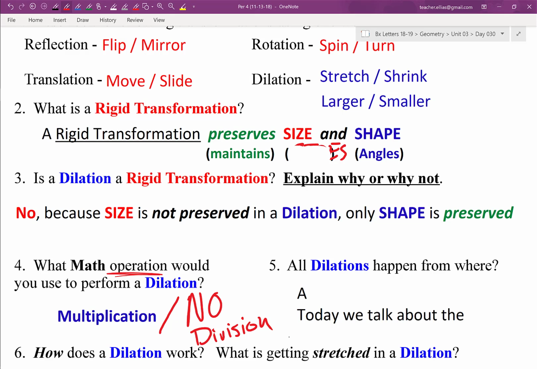Dilations are just multiplication. You do not divide in a dilation. I know you're saying, well, that's how I was going to make it smaller, right? Well, how would you make something bigger? What would you multiply by? Positive. Okay. Oh, you can multiply by a negative number.